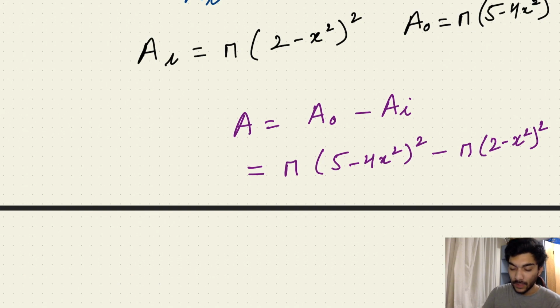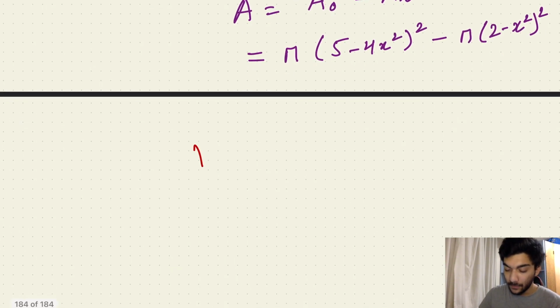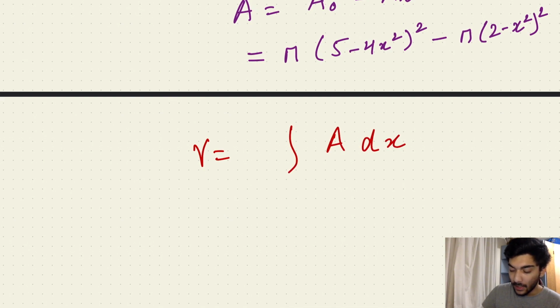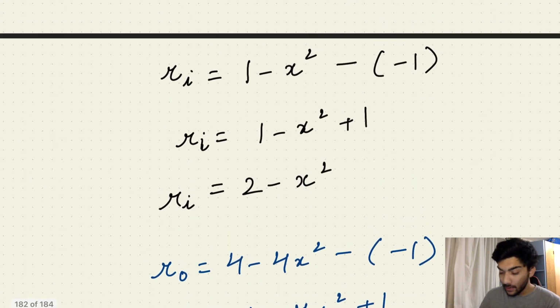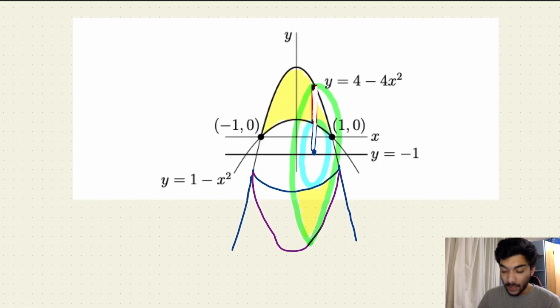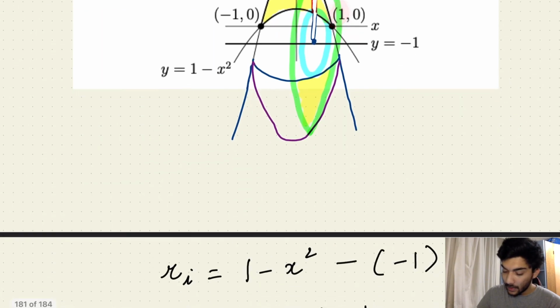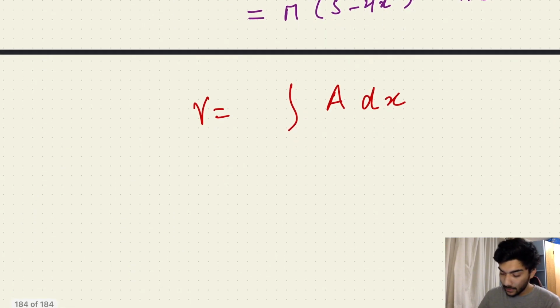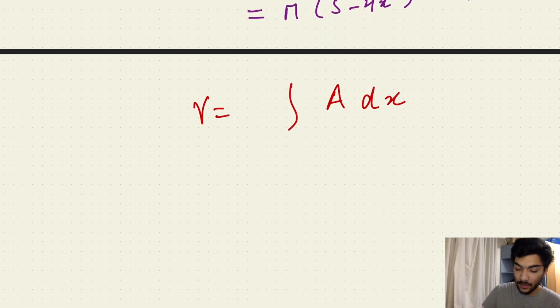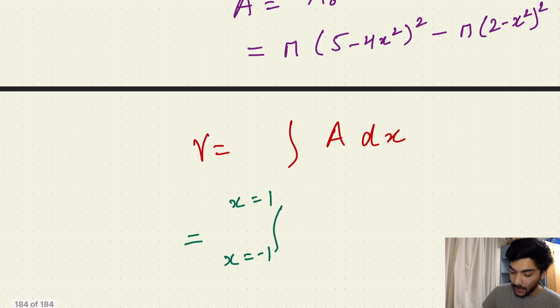And now you know that if you want to calculate the volume, you basically take a dx around the endpoints given, and since we already calculated the endpoints, which were x equals minus 1 to x equals 1, your final volume would be the integral from x equals minus 1 to x equals 1.